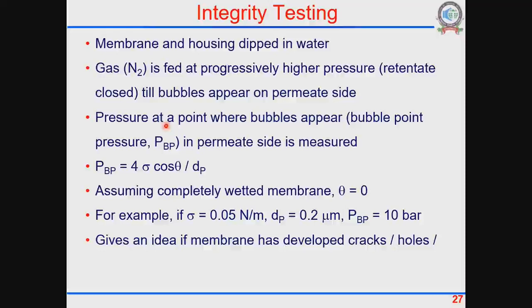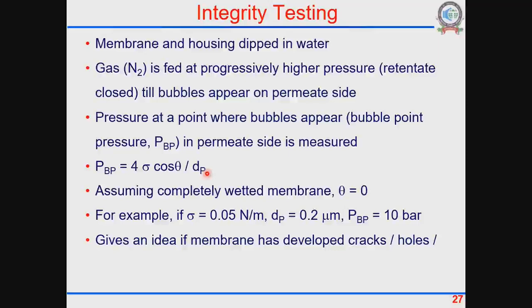The pressure at the point where bubbles appear on the permeate side is the breakthrough pressure. So we can calculate the breakthrough pressure, and now we can calculate the pore diameter from it. An example is given: in this particular case the breakthrough pressure is 10 bar. So if you measure a breakthrough pressure, it gives you an idea of the pore size.